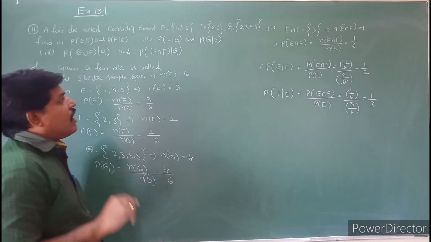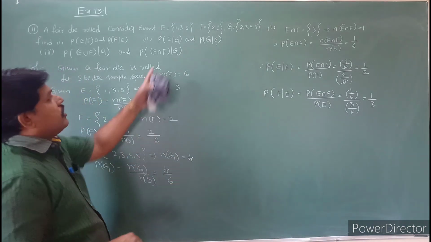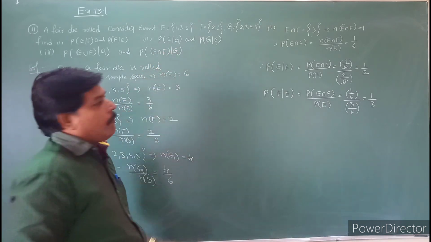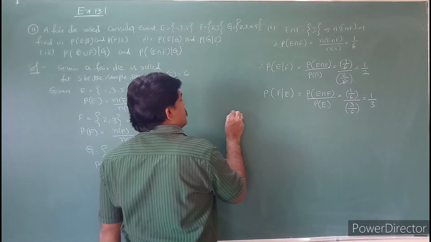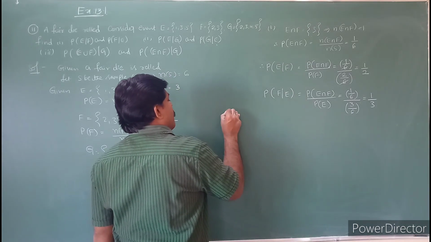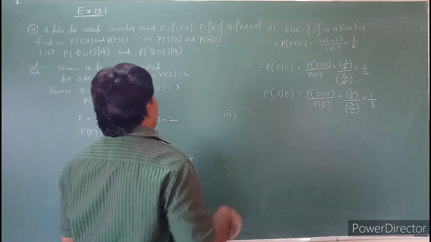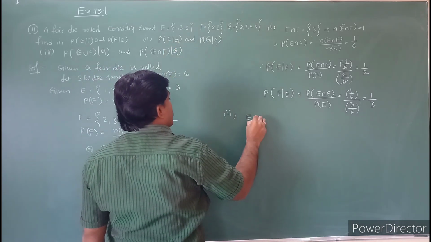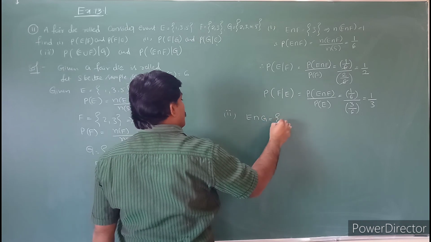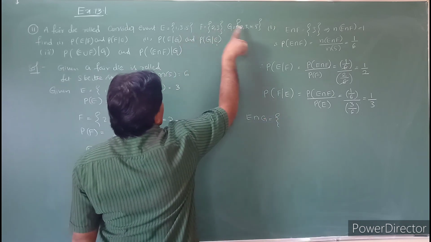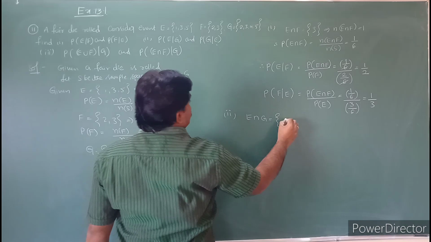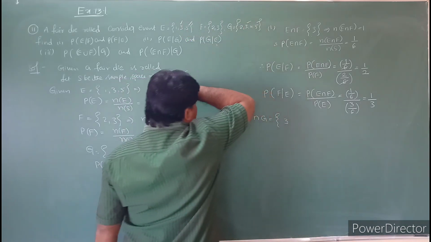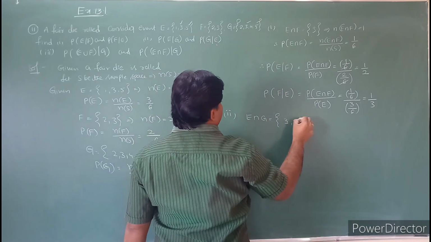Do you understand that? See the second question. The second question is the probability of E given G and the probability of G given E. So how do we calculate these values? In a similar manner, first you have to calculate E intersection G. The common elements of these two sets are 3 and 5, so E intersection G is {3, 5}.